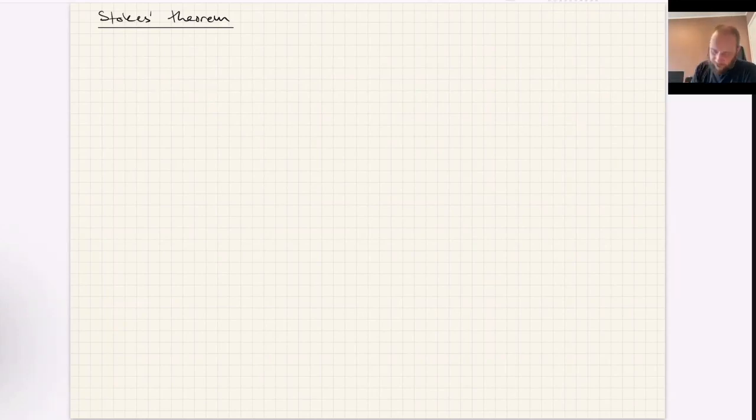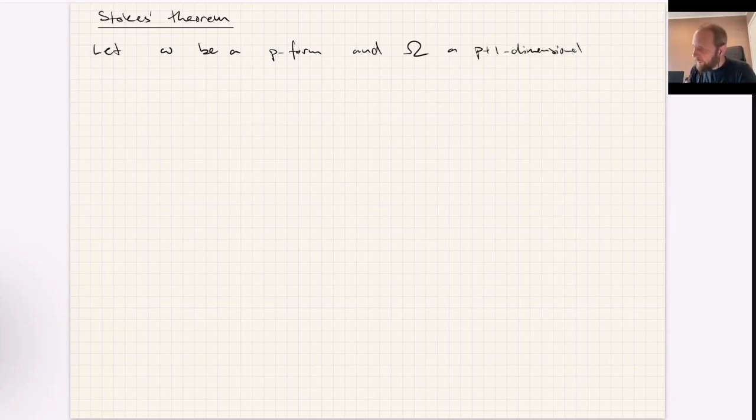So we let omega be a p-form and capital omega a p plus 1 dimensional submanifold. So essentially a p plus 1 dimensional region in your space.